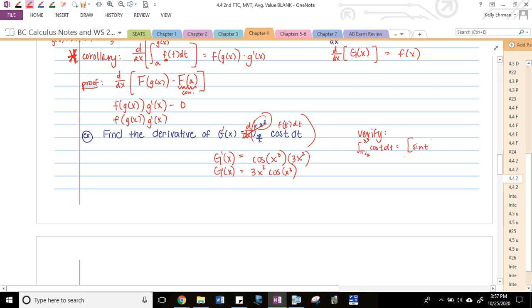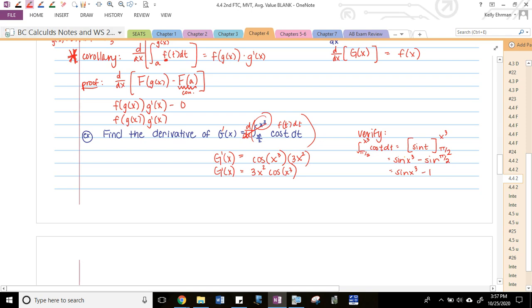Sine. Evaluate it from pi over 2 to x cubed. That means I should get sine of x cubed minus sine of pi over 2. And that's sine of x cubed minus 1.